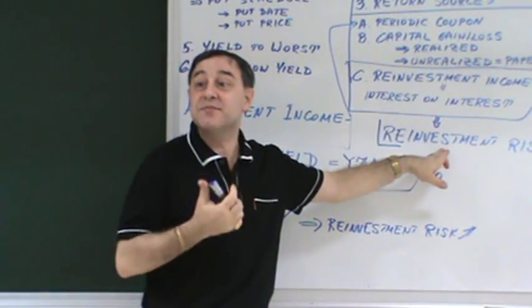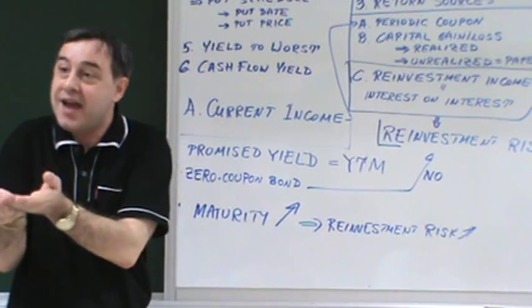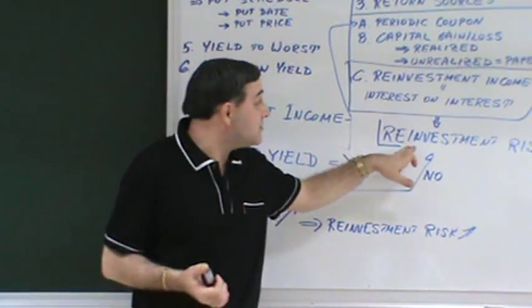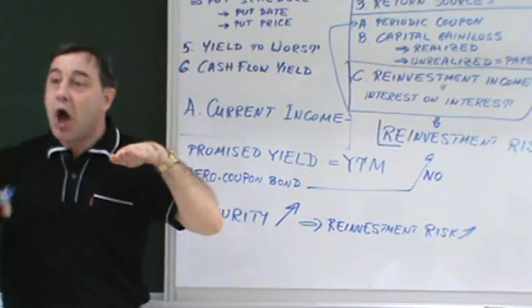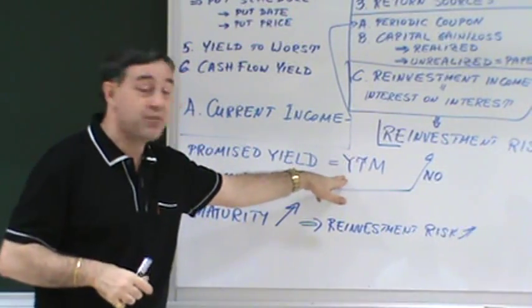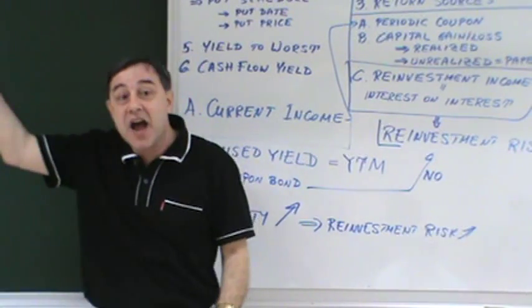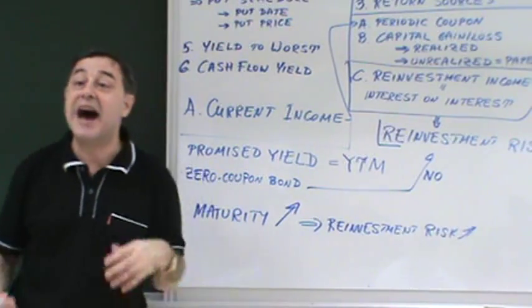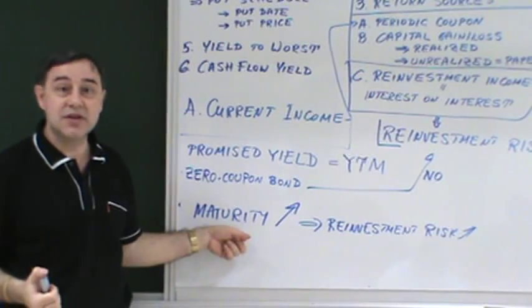Actually, the reinvestment risk turns into a profit for you, a gain. You are increasing your yield. So reinvestment risk is only if the reinvestment rate is lower than your current or promised yield. But it may be higher, and if it's higher, great, you got lucky. You are making an unexpected gain. So that's important to understand.